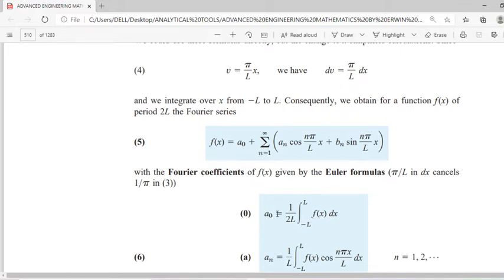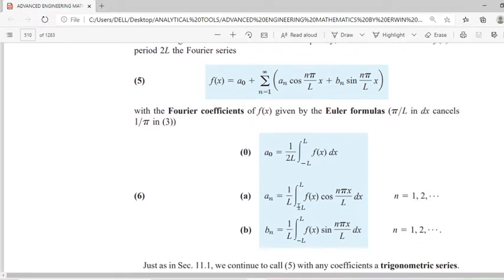So a naught will be equal to 1 by 2l into the integral from minus l to l of f of x dx, and an will be equal to 1 by l into the integral from minus l to l of f of x into cos n pi x by l dx, and bn will be equal to 1 by l into the integral from minus l to l of f of x sin n pi x by l dx.